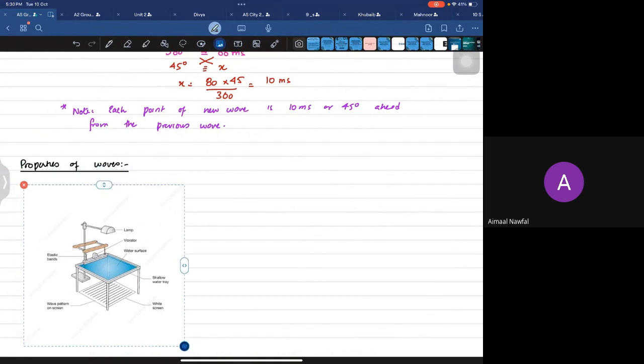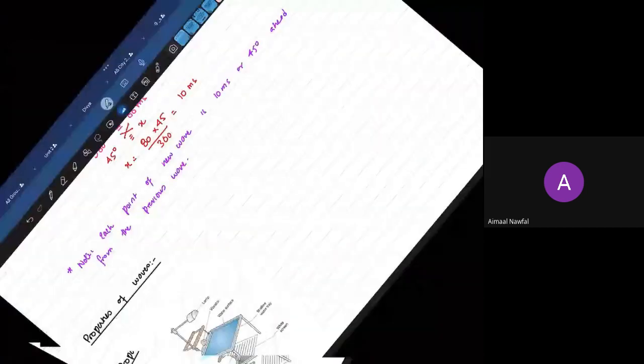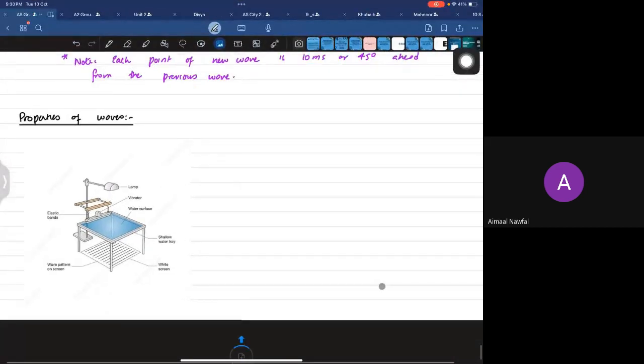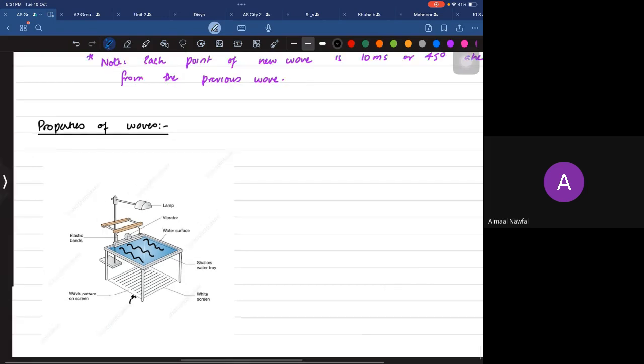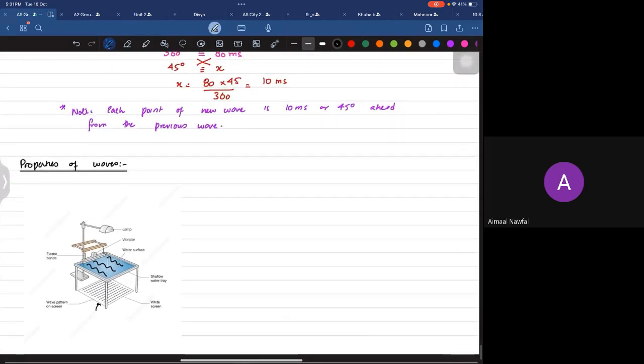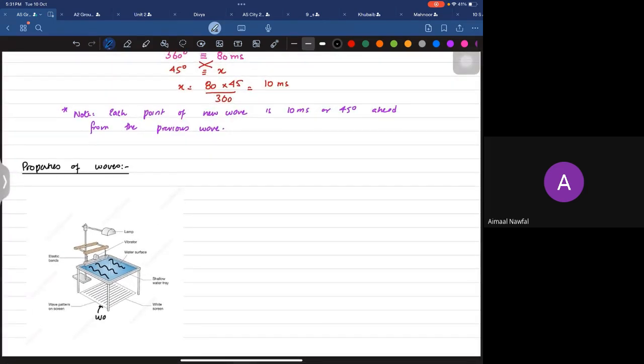The purpose of a ripple tank is to demonstrate different behaviors of waves. The most important thing is that when waves are created in the ripple tank, dark and white lines appear at the bottom, and these are called the wave fronts.